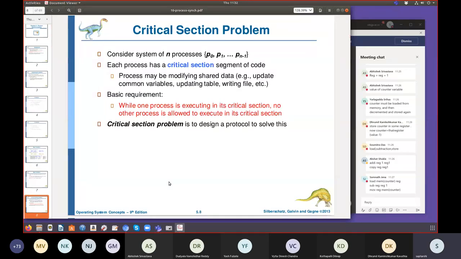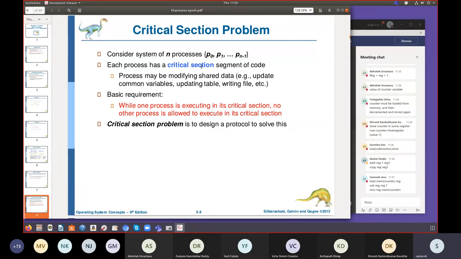More formally, this problem is called the critical section problem. So consider a system of n processes. Like in our simple example, it was just 2, but for generalizability, consider a system of n cooperating processes. Each process has a section of code which is called the critical section.